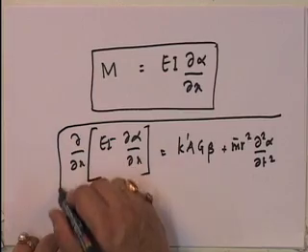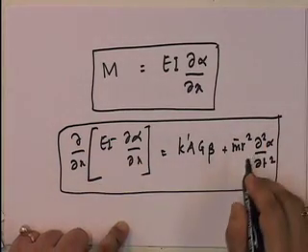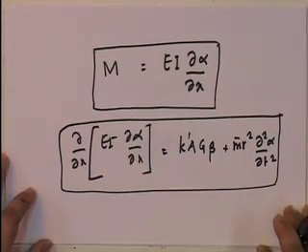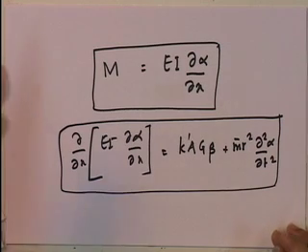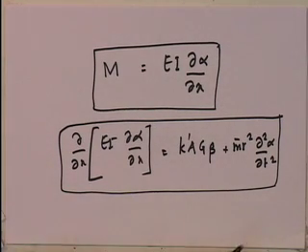This is what this equation lands up being by substituting these two, V and M, so we are incorporating the force deformation relationships into the equation that we got from the moment equilibrium.